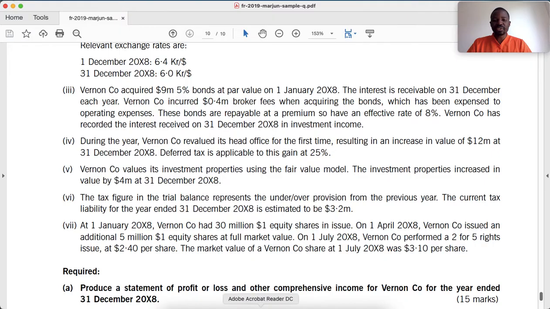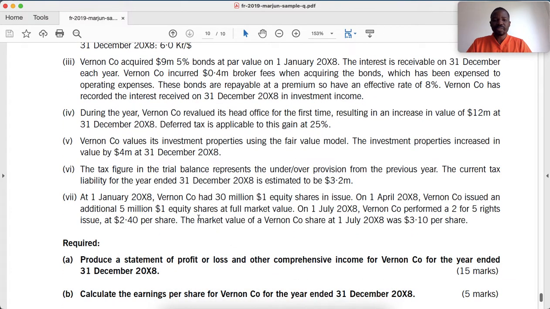Let's go again into our question. Note number 5. Vernon Co values its investment property using the fair value model. The investment property increased in value by 4 million at 31 December 20x8.